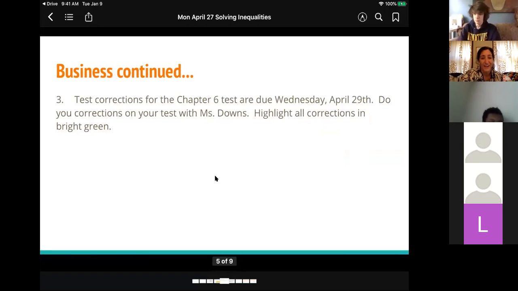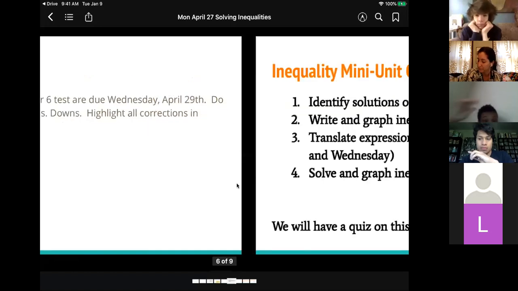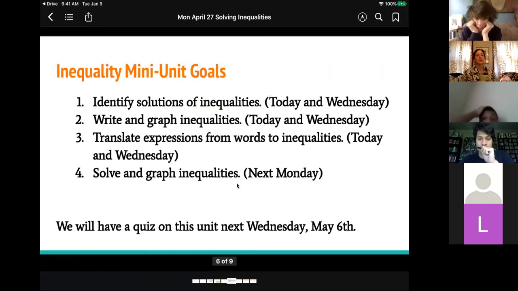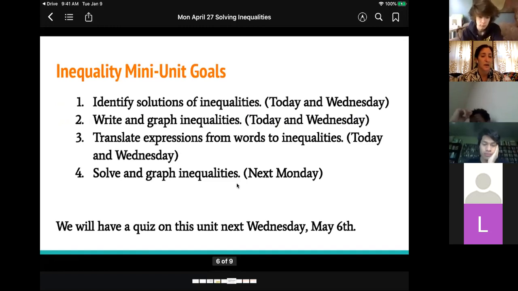Okay, we ready to move on? Does anyone want to ask any questions about business before we dive into the math? Okay. All right, so we are going to do a mini unit on inequalities, and it builds off of our equation unit. So a couple of things that we're going to focus on is understanding what solutions to inequalities are. We're going to graph inequalities, and you're going to do some of that on Delta Math tonight.